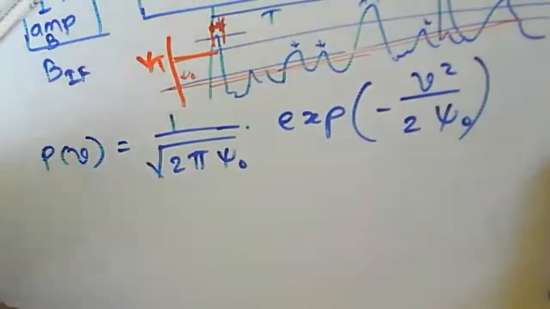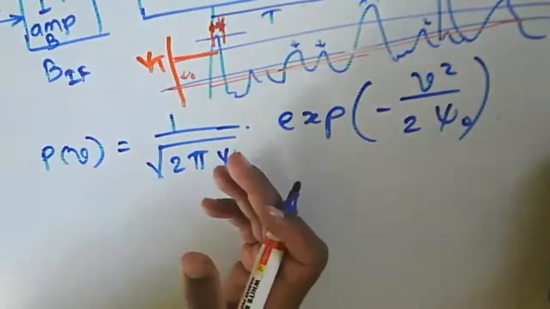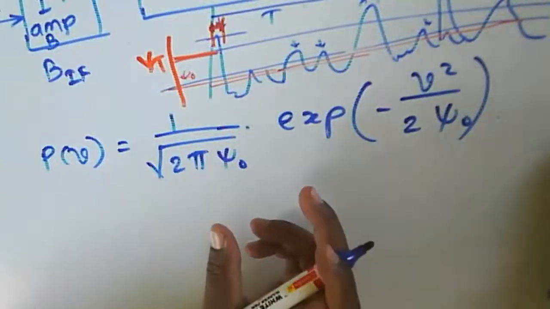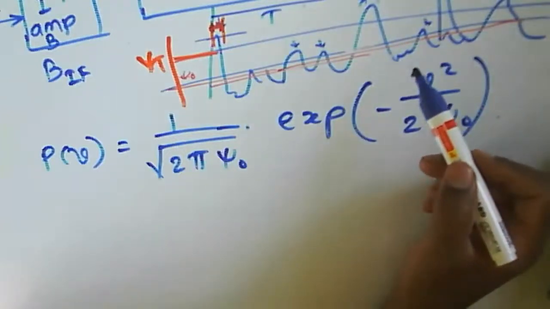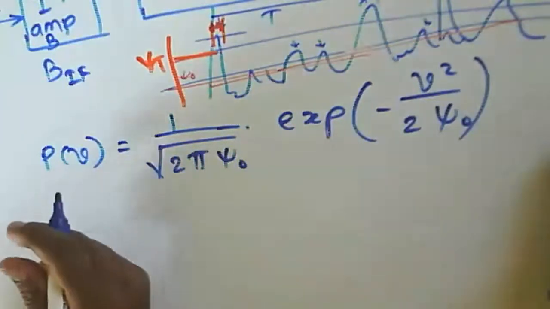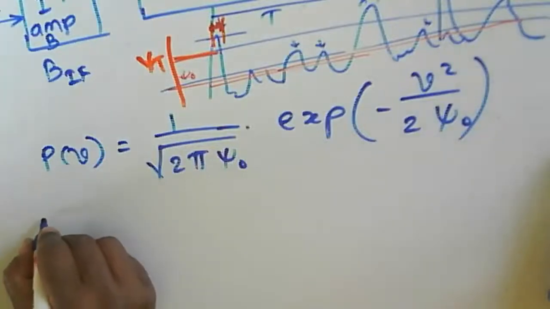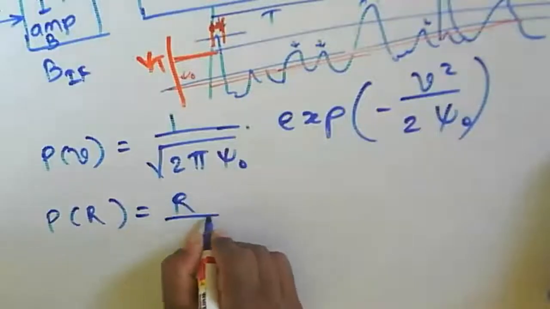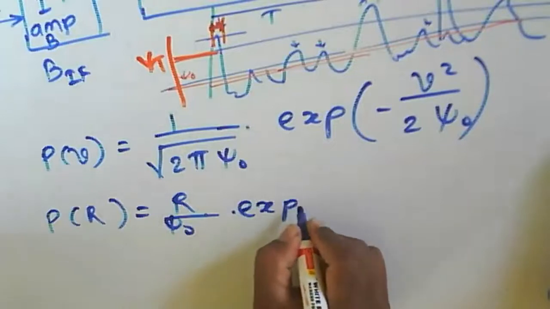We are supposed to rewrite the equation and find out the probability that the envelope of the noise voltage will exceed the threshold voltage. So we can rewrite the term P of R, R of psi 0, in terms of the envelope here.